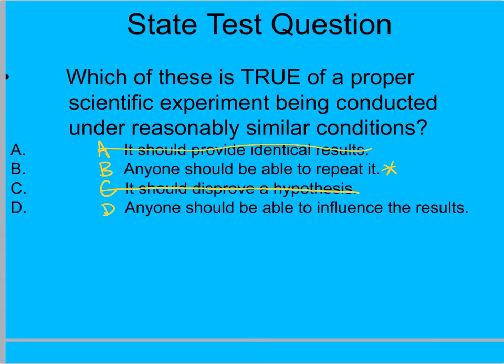It could go either way. So that doesn't mean it's a proper scientific experiment if it disproves a hypothesis. Anyone should be able to influence? Influencing results is bias. Bias is bad. A proper experiment should not have bias. So, B, anyone should be able to repeat it because you gave good directions.